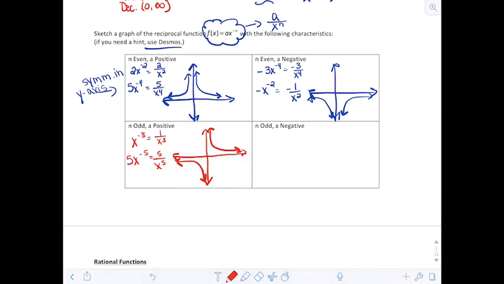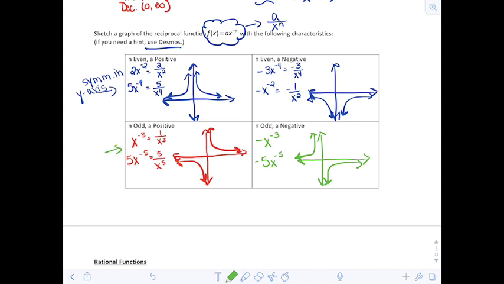And then vice versa, if we have n being odd and a being negative. So maybe I have negative x to the negative third and a negative 5x to the negative fifth. This would be characteristic of them. I'm going to have these with values in the second and fourth quadrants.